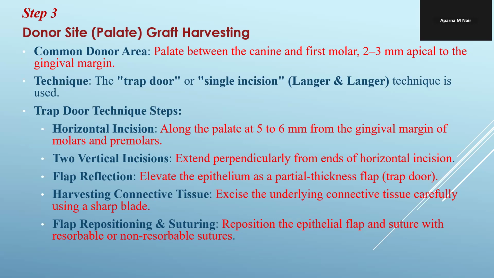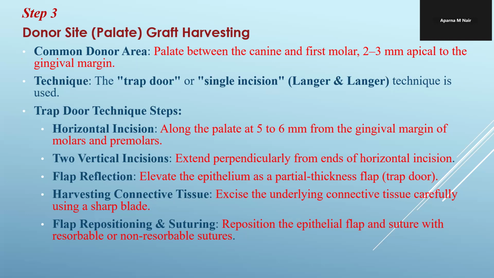The trapdoor technique includes giving a horizontal incision along the palate at 5 to 6 mm from the gingival margin of molars and premolars, and two vertical incisions are given perpendicularly from the ends of the horizontal incision. The flap is reflected as a partial thickness flap.